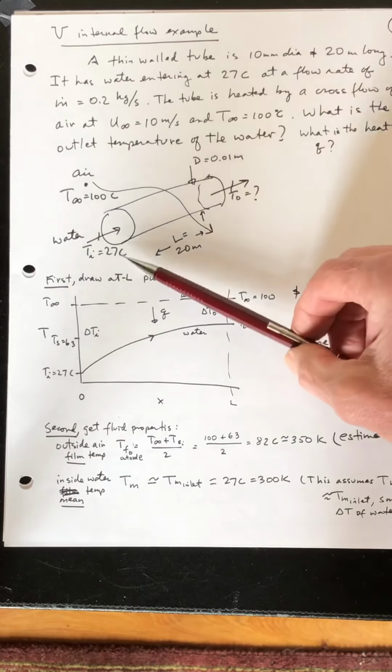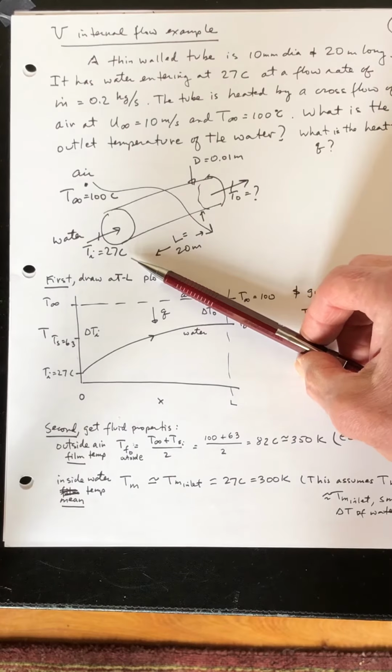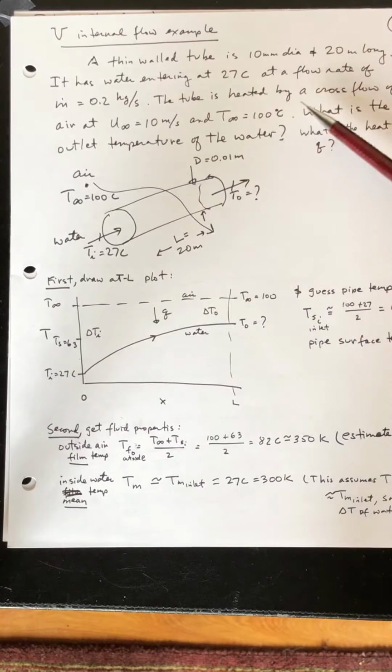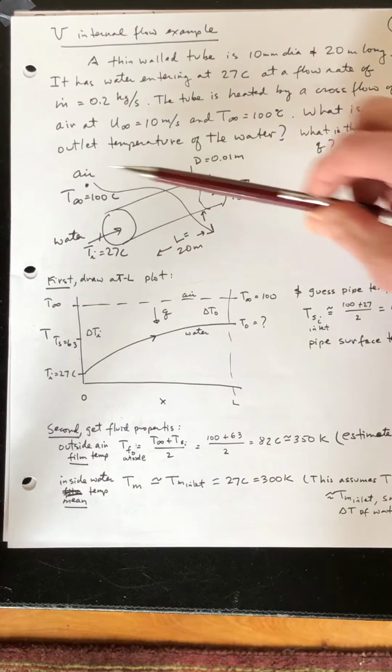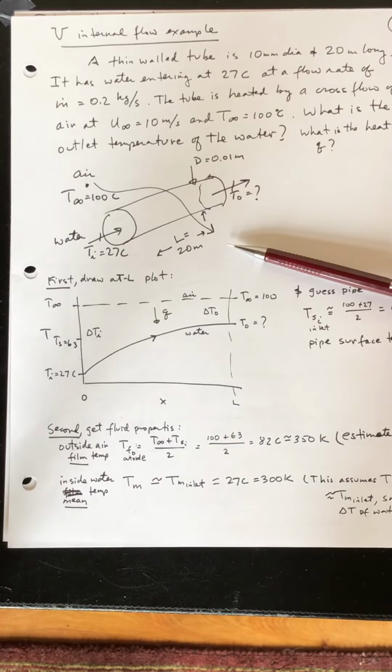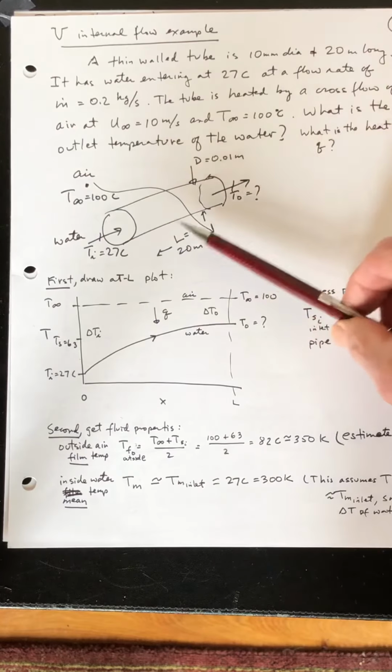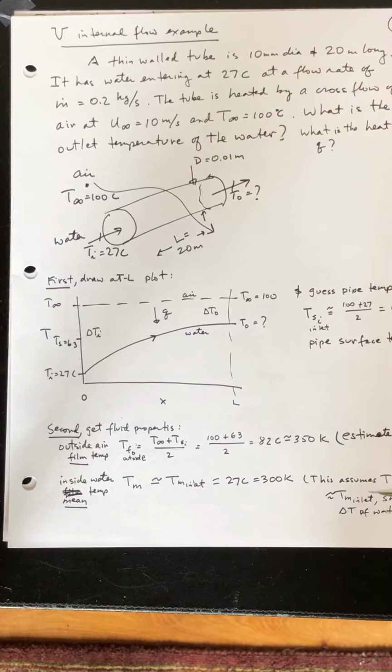It has water entering at 27 degrees C at a flow rate of 0.2 kilograms per second. And it's heated by hot air, 100 degrees C, flowing over the tube. 2 questions. What is the outlet temperature of the water? And what's the heat transfer from the air to the water?